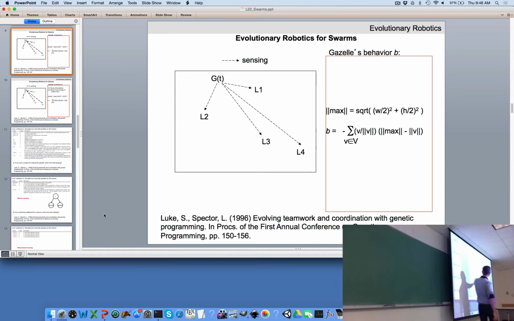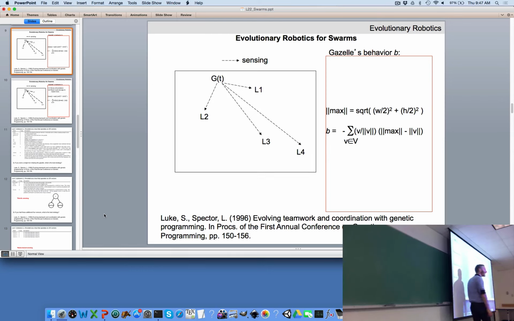So the closer a lion is, the smaller the length of v is. So by dividing by that small length, you exaggerate the influence of that vector on the gazelle. In essence, it's going to pay more attention to the lion that's closer, which makes good sense, right? And then we just normalize this by the total.